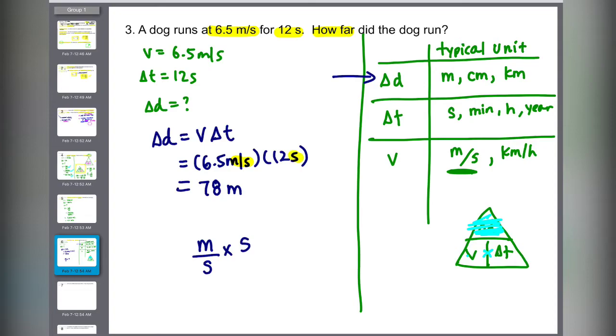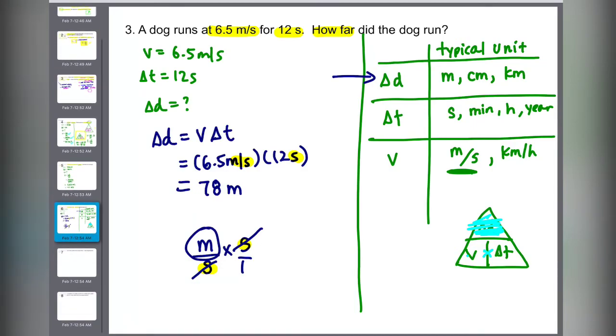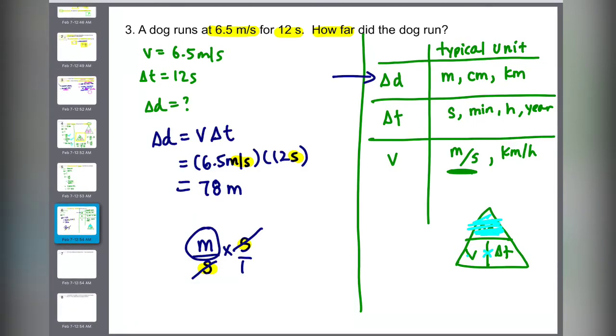I'm only dealing with the unit for now. What this means is the second is at the top, and if I have something that is at the top and the bottom, I can cancel them. So S and S cancel each other. Do you see how I have meters left? So those are called unit analysis if you want to know what it's called.